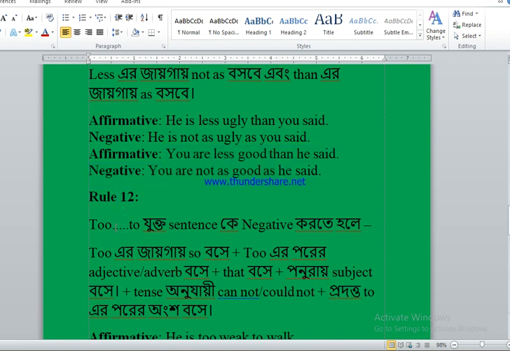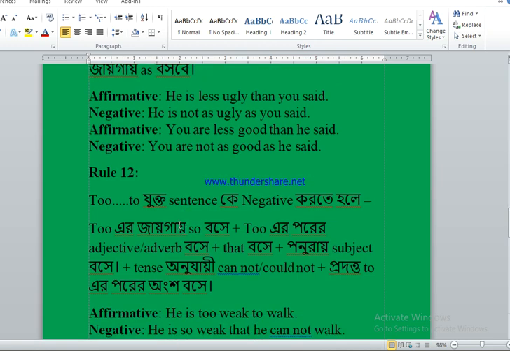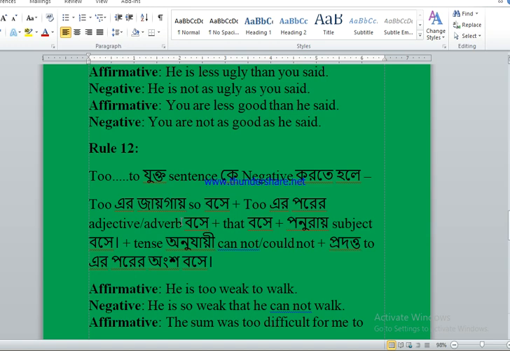Rules number 12. Too dot dot to. That means if you see too dot dot to in your affirmative sentence, you can turn it into a negative sentence this way.